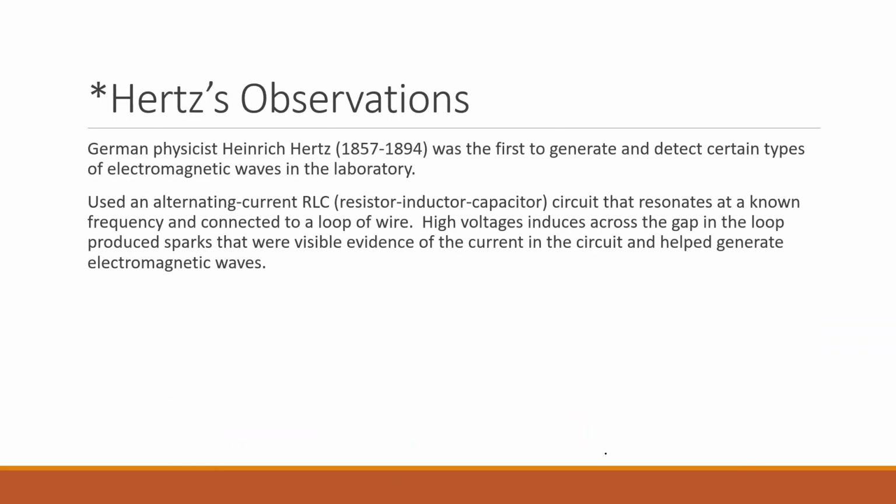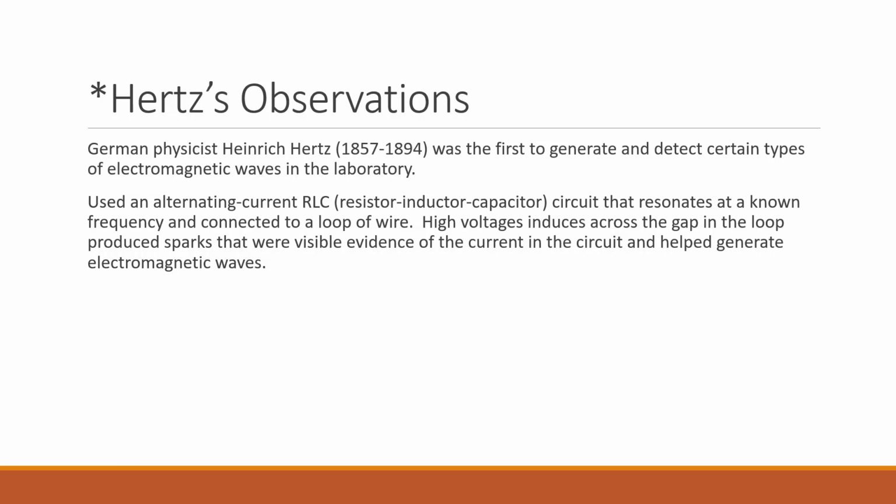Okay, so I wanted to quickly talk about Hertz's observation. So we have Heinrich Hertz, who was a German physicist. He was the first to generate and detect certain types of electromagnetic waves in the laboratory.